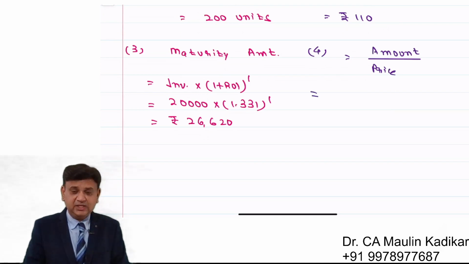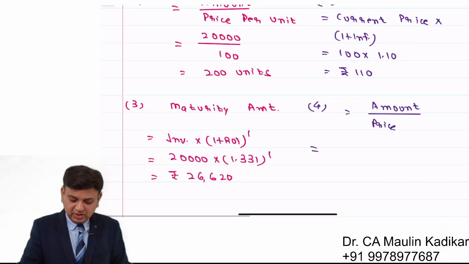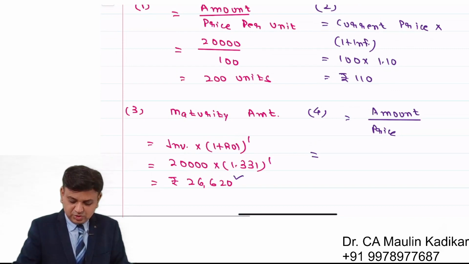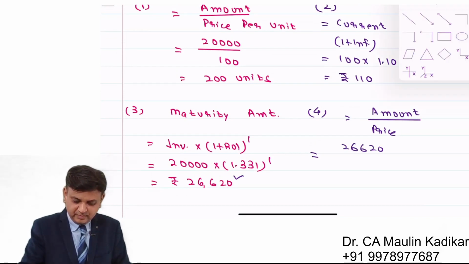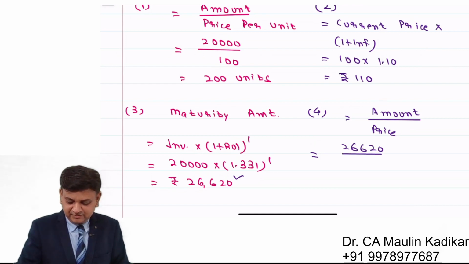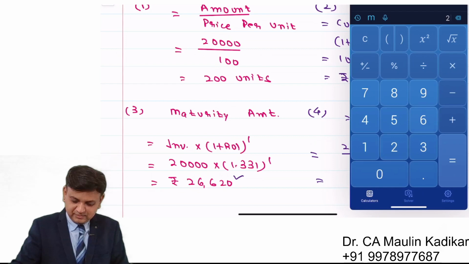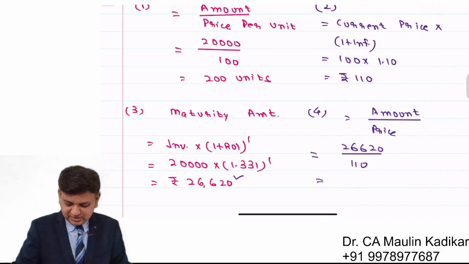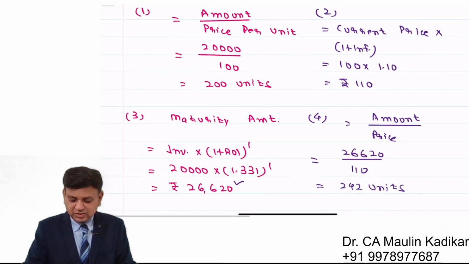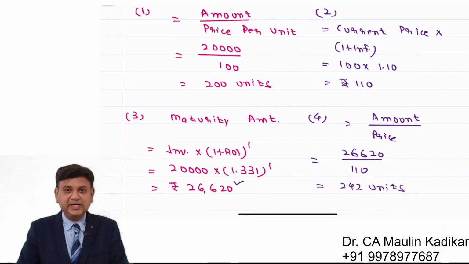We understand at the end of the year, maturity amount of the deposit is 26,620 and the price is 110. So it comes to 242 units. So this is the number of units that can be purchased at the end of the year.